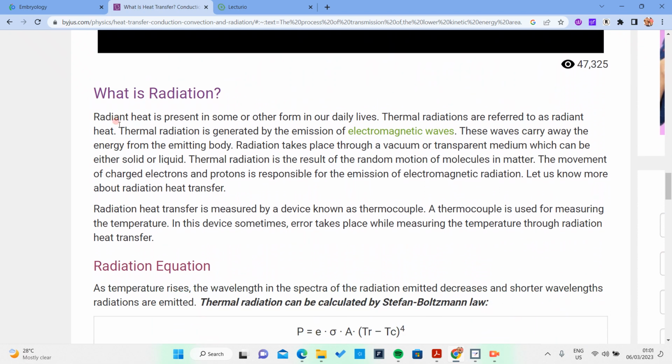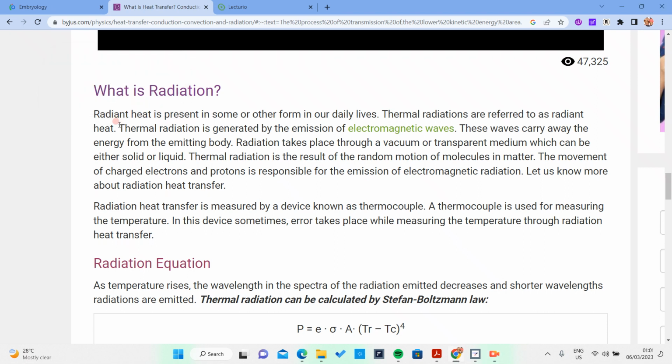Now, radiation. What is radiation? Thermal radiation is referred to as radiant energy. As I said before, heat energy is a form of radiation, which is the infrared.